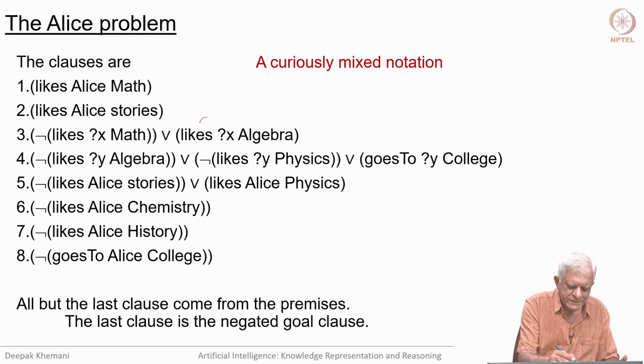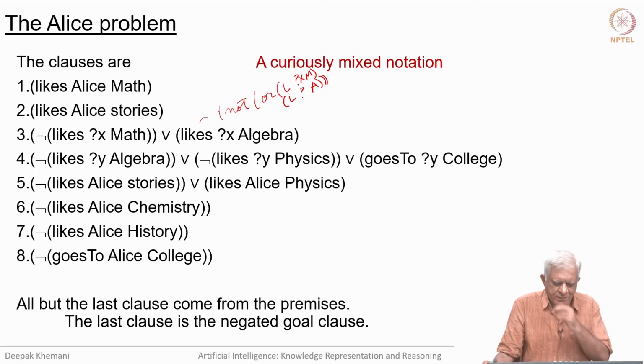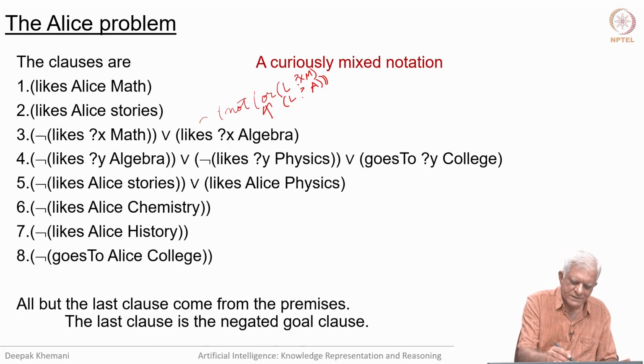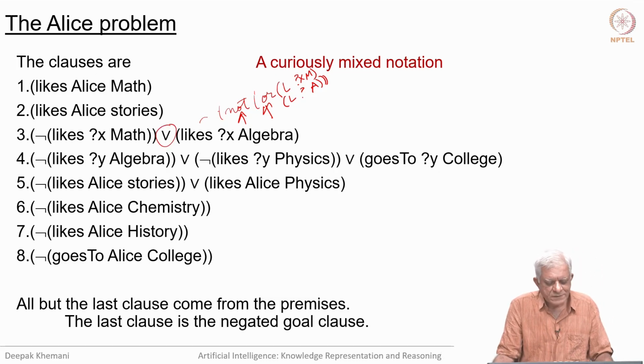Otherwise I would have written this as not all likes x m likes x a. This would have been purely in the list notation, but I use a mixture of those two things, that instead of using prefix connectives, I have used the infix one, which is more readable, at least for me.